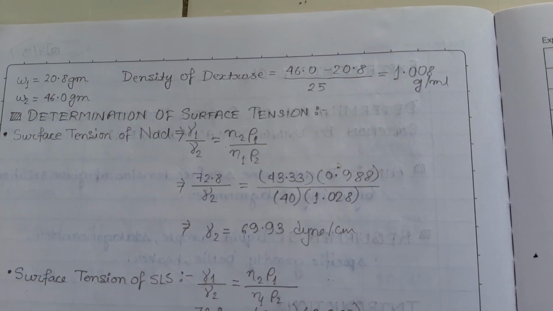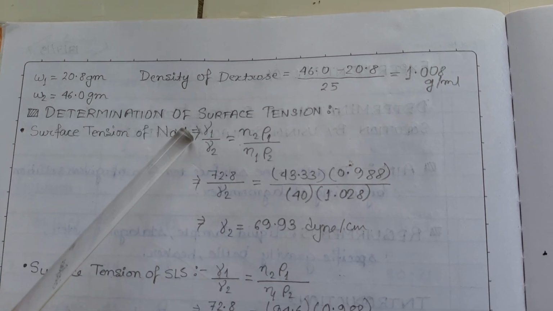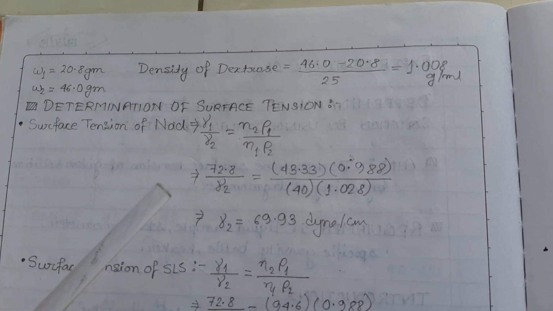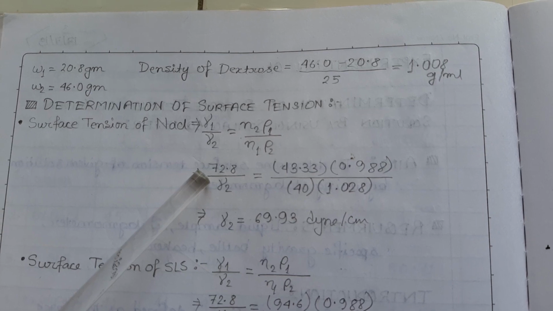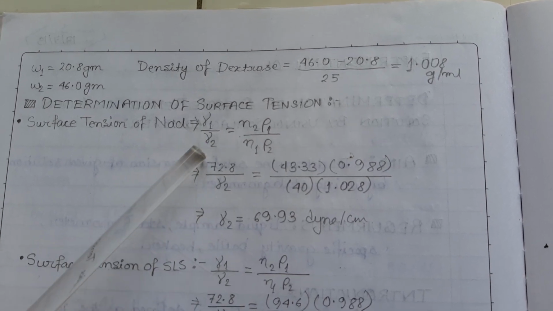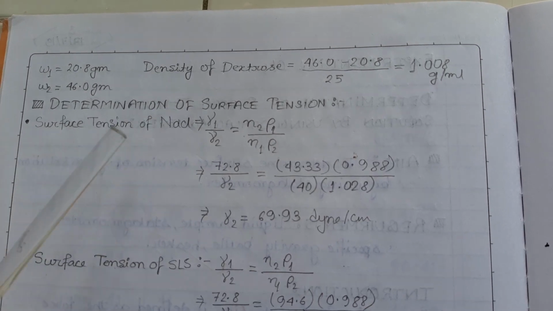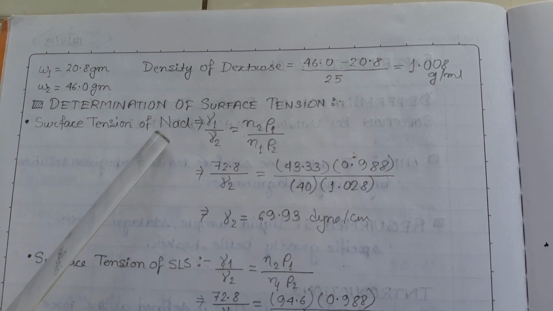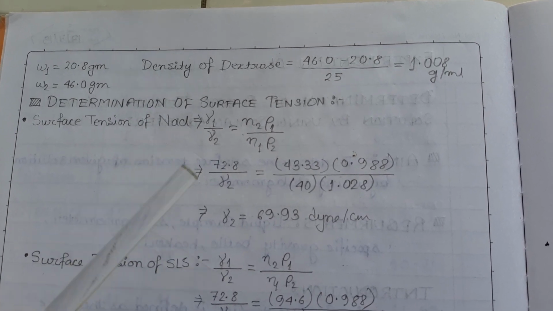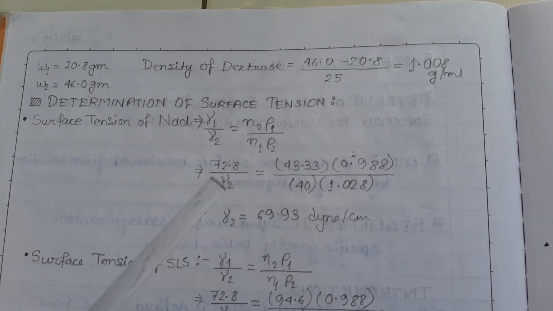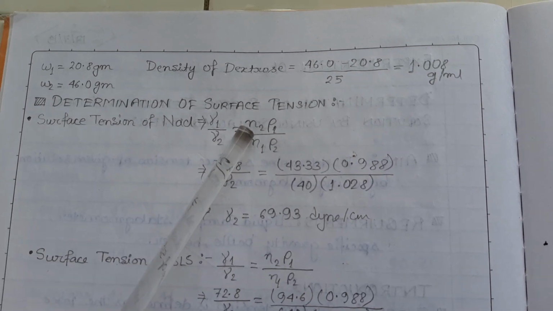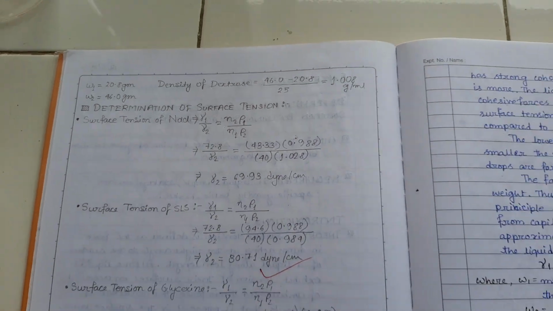We know that gamma 1, the surface tension of water, is fixed at 72.8 dyne per centimeter. Gamma 2 is for the unknown liquid. For example, first we calculate the surface tension of 5% sodium chloride. So gamma 2 is unknown.